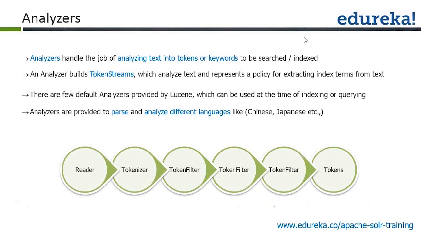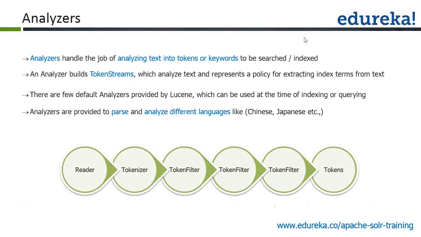Most of the time the tokenizer accepts a string reader, which you can pass to the tokenizer, and the tokenizer takes it from there, splits the words or tokens, and gives the token stream as the output. So the tokenizer always takes a reader and emits a token stream, so that the next series of filters, based on what you have chosen, will pick it up and do some sort of filtering.